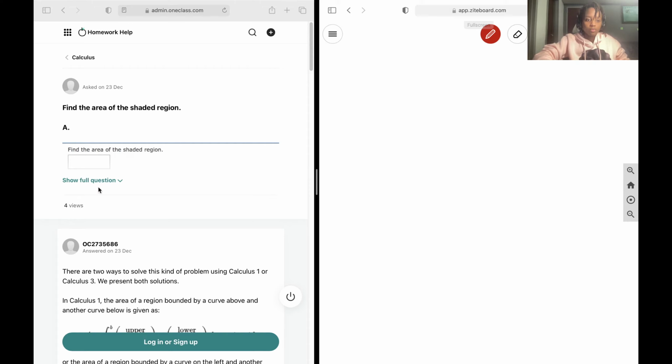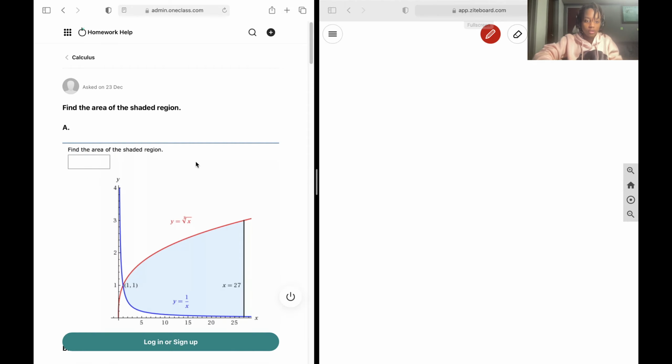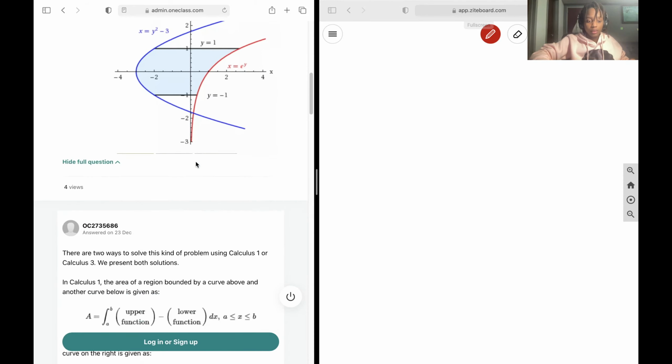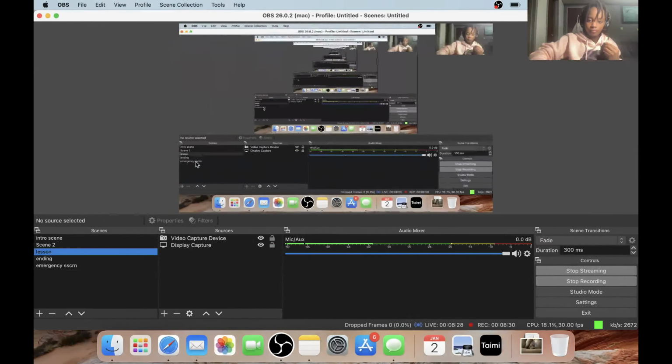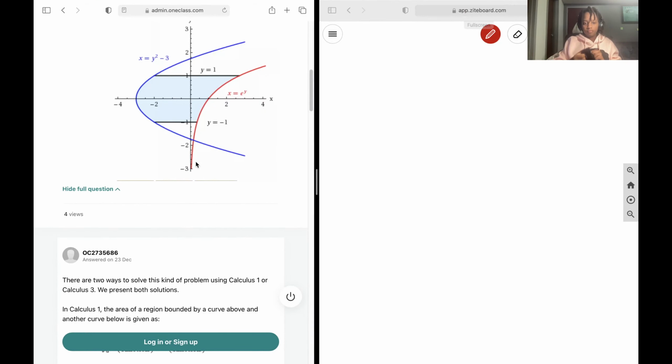Okay, next up, we would like to find the area of the shaded region. And there are going to be 2 ways in order for us to do this. So we have 2 methods.